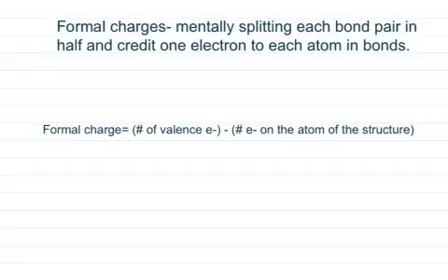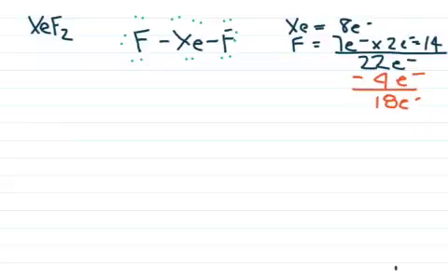So fluorine has 7 valence electrons, and we have 3 lone pairs, so that gives us 6 plus 1 from that single bond, which gives us 7 electrons. So it has a formal charge of 0. Because the fluorine on the right-hand side has the same structure, it has a formal charge of 0.